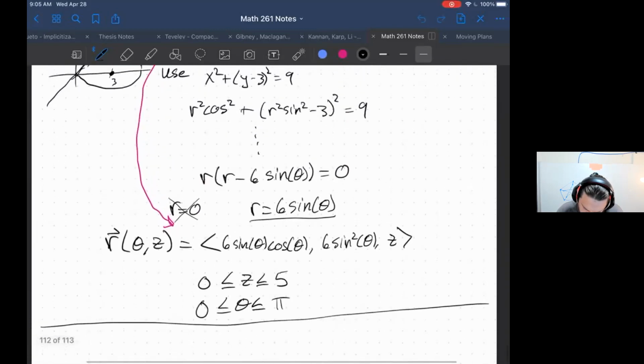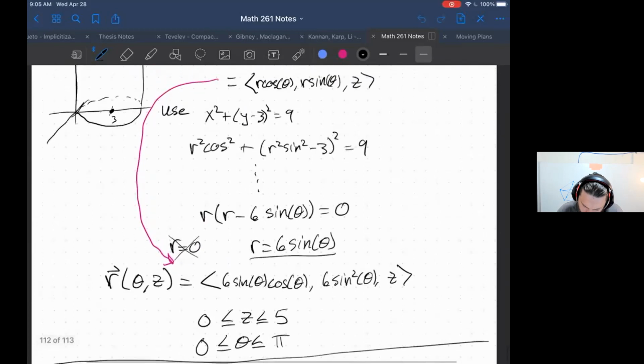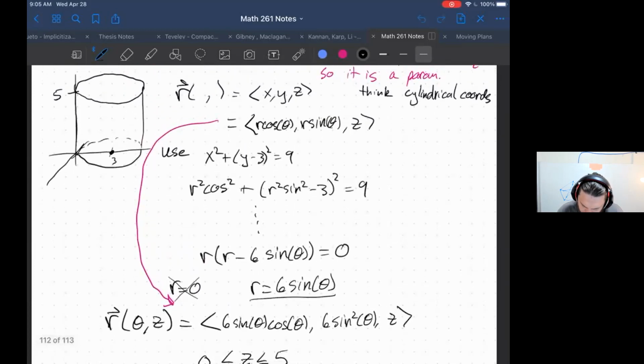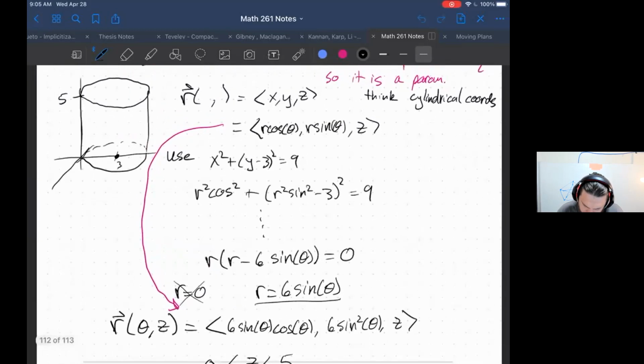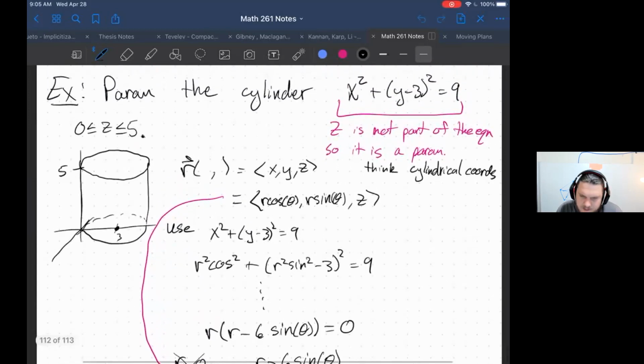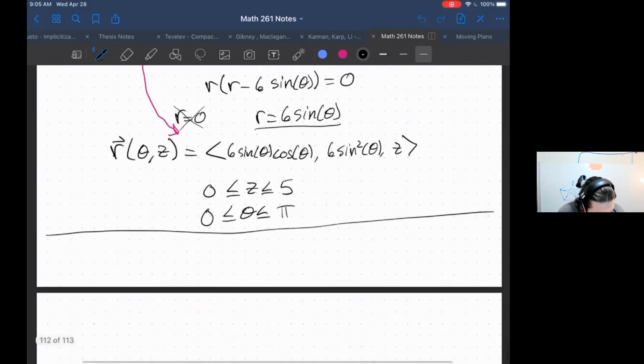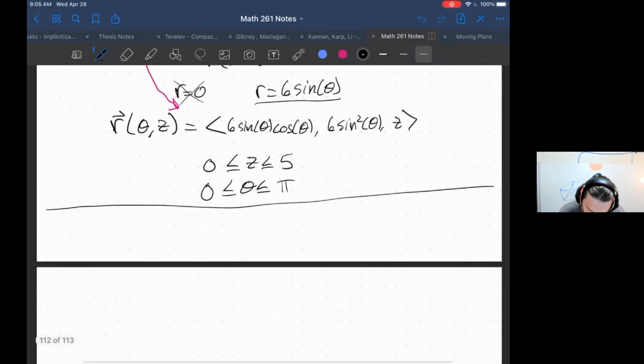So we just ended with this example here, parameterizing this cylinder that's shifted off a little bit from the z-axis. Let's just go through. Well, no, we'll do another example because I don't know how the cross product of the derivatives will work out here.